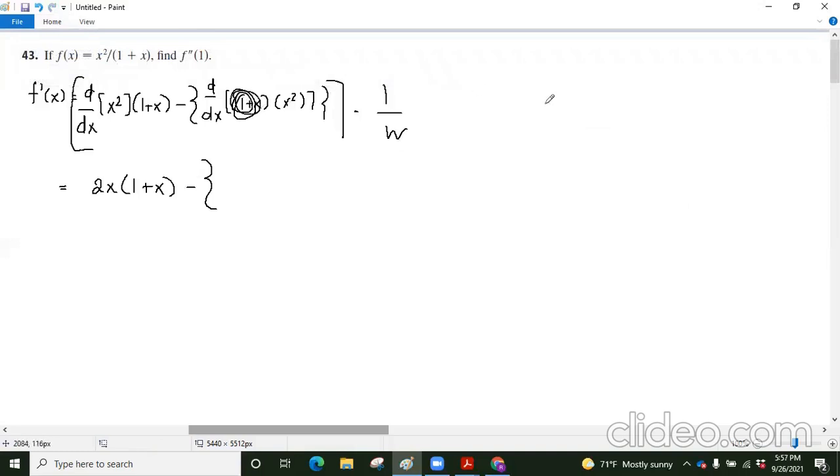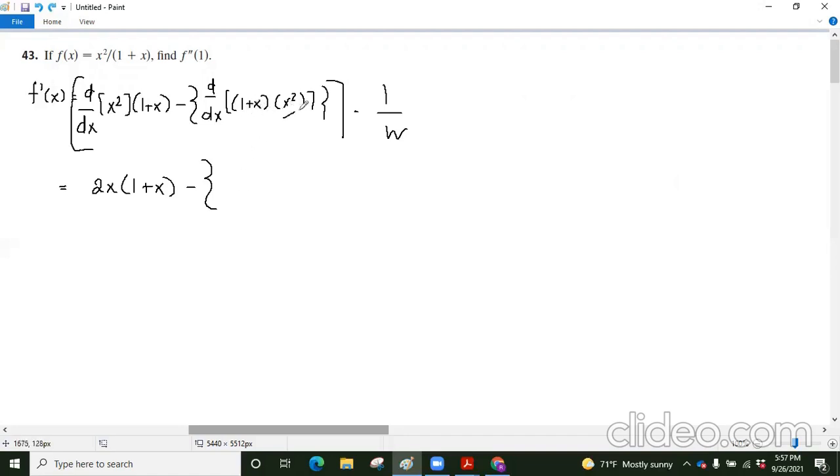But the derivative of a constant, right? If you took the derivative of a constant, it's just 0. I'm sure it has an algebraic reason for it, but the derivative of a constant is 0.